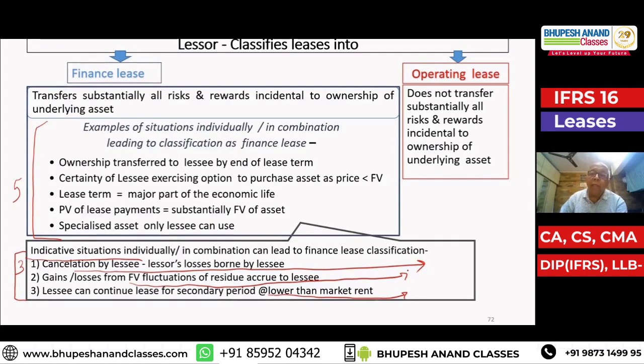And therefore, in a finance lease, practically what you do is you record the sale in the books of the lessor. Okay, so we are talking about the lessor only. Whereas in an operating lease, what the lessor is bound to do is to show it as a rent income.